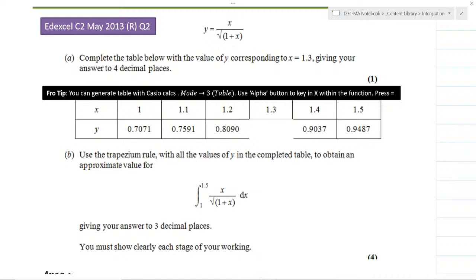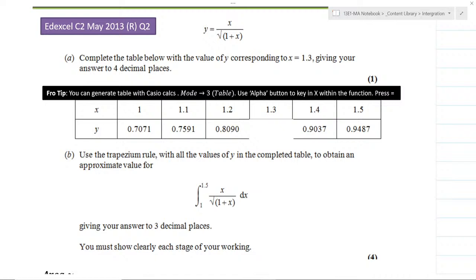Menu 9, yeah? It's because they're using the old calculator, so ours is menu 9. So then f of x is equal to that function there, which is alpha x over the square root of 1 plus alpha x. And then we want it to start with 1, end with 1.5.